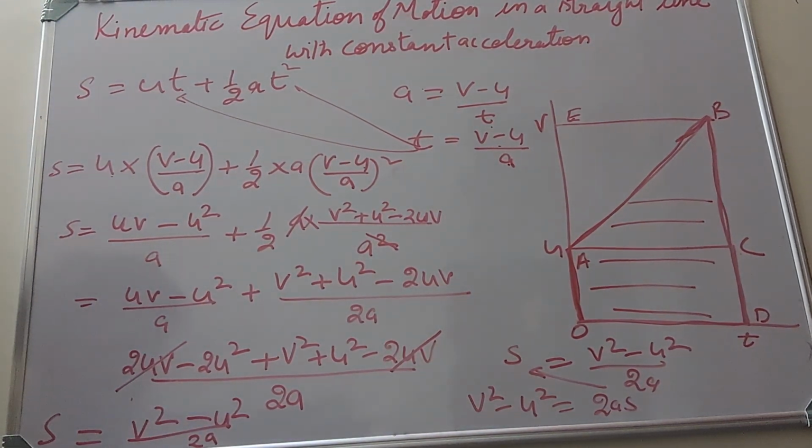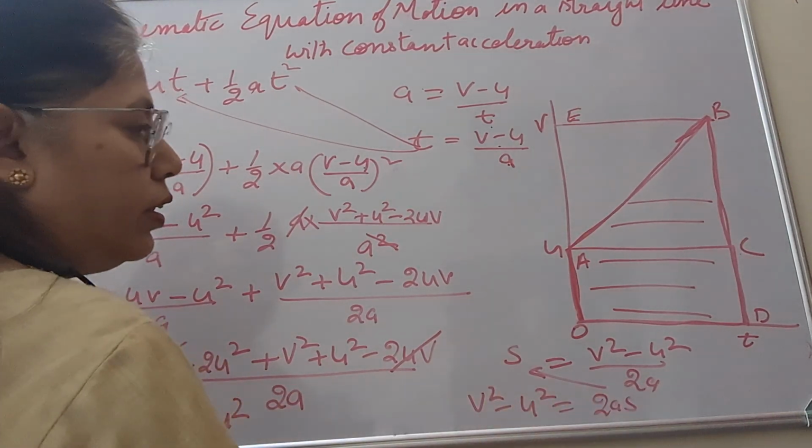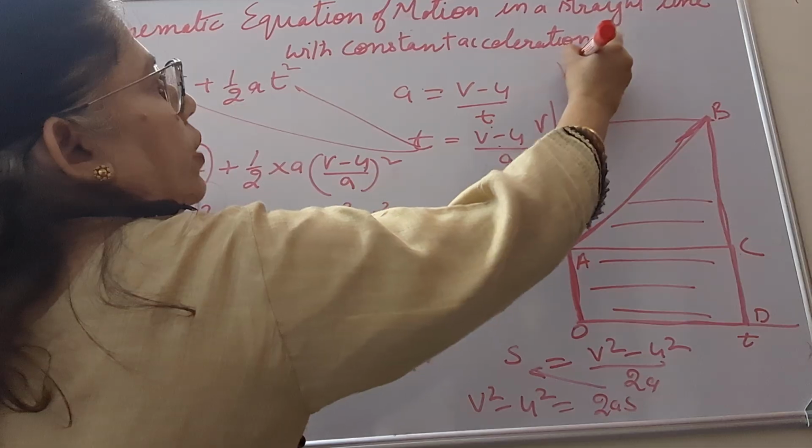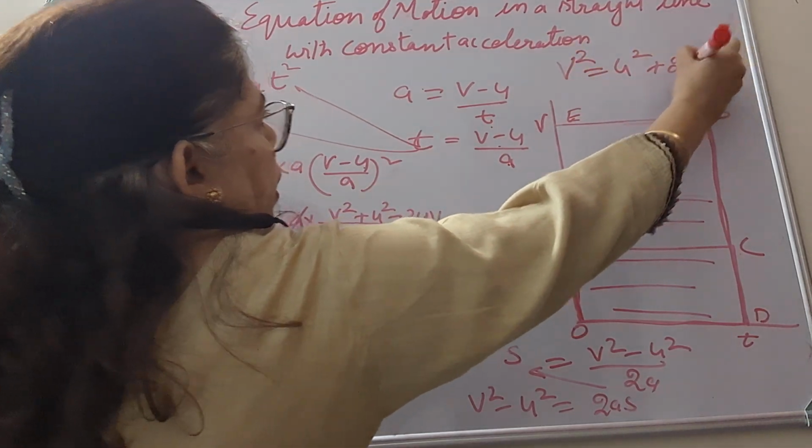This is our third equation of motion. We can write it in a different way also, like this: v square is equal to u square plus 2as. We take u square to the other side, so we write v square is equal to u square plus 2as.